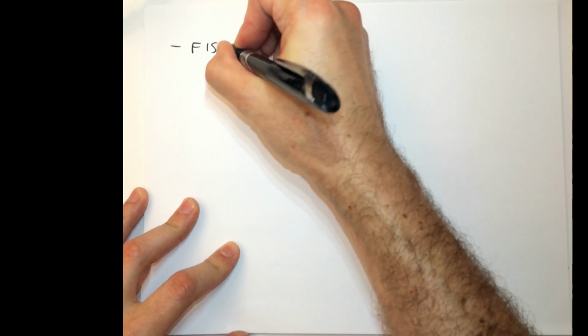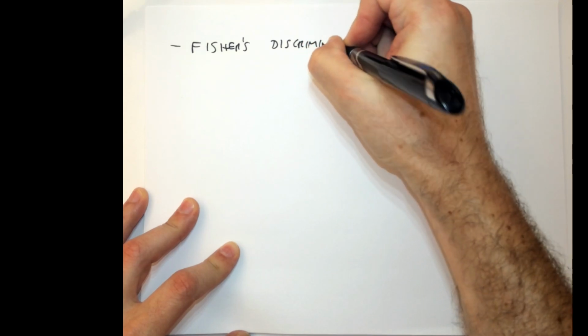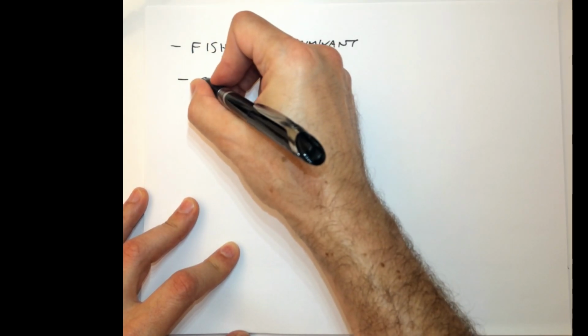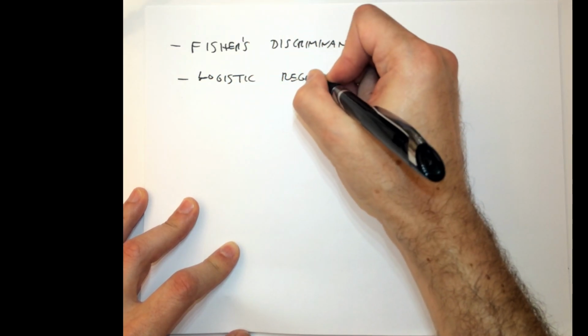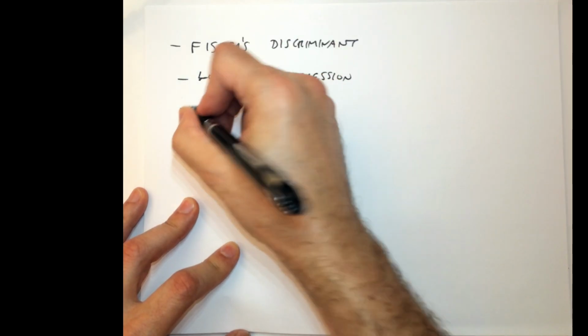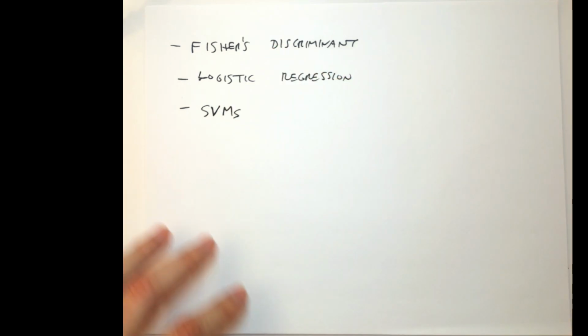We have a bunch of options. We have Fisher's discriminant. We have logistic regression. We have support vector machines, SVMs, which you don't know about yet, but you will learn about on Monday.